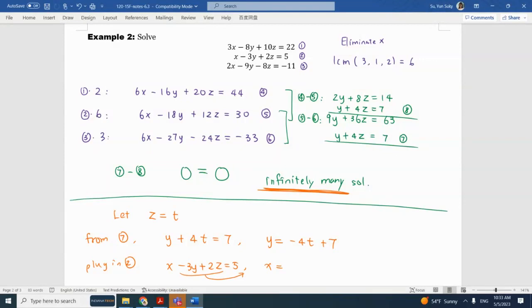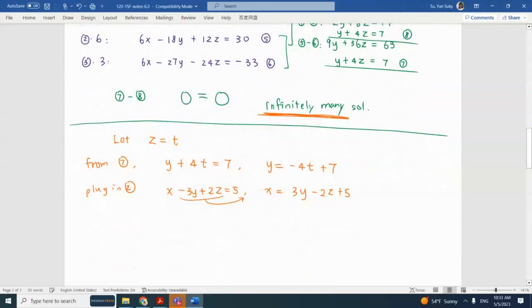So minus 3y becomes plus 3y, and the 2z becomes minus 2z, plus 5, right? And the y is negative 4t plus 7, and the z is t, and plus 5.